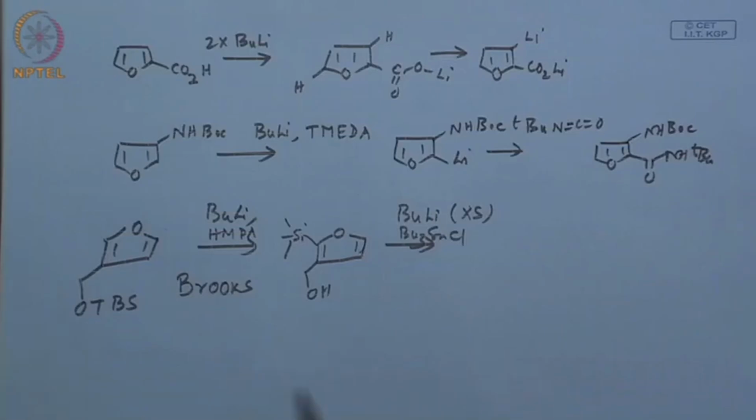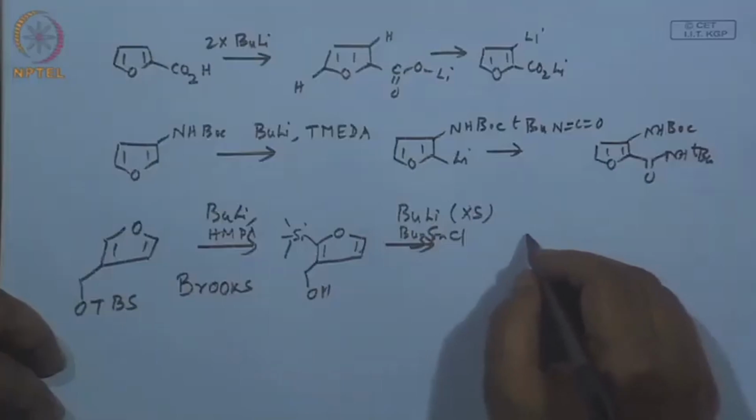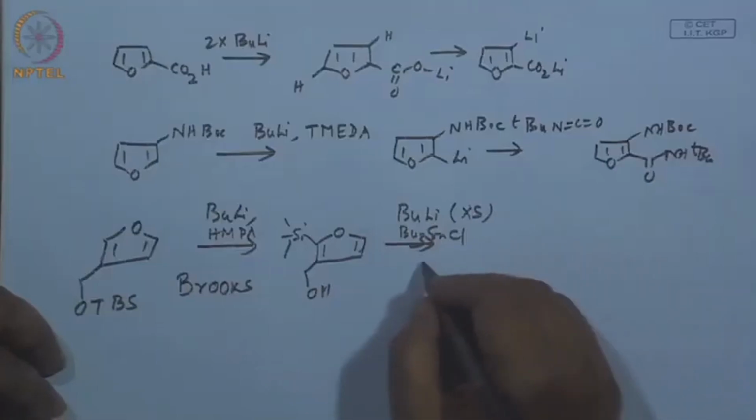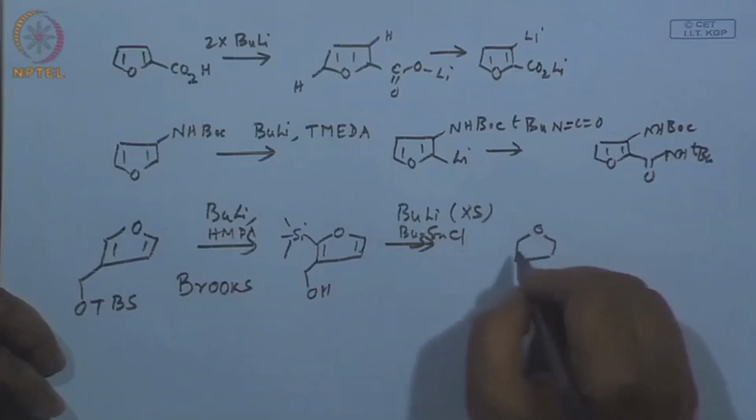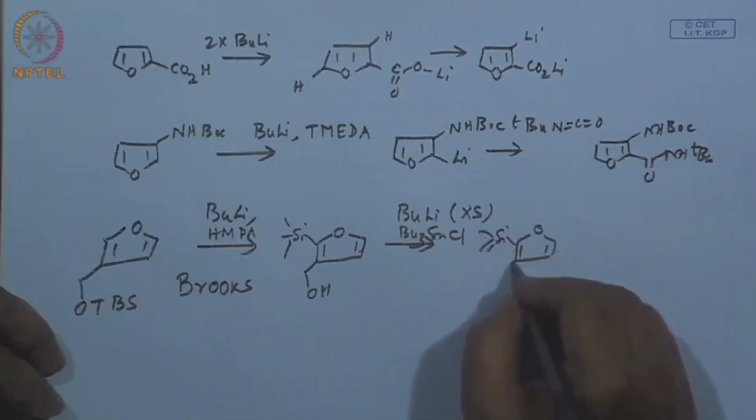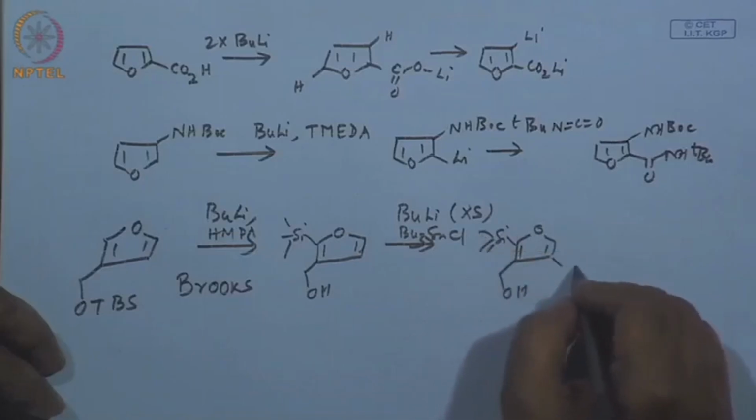That means you can direct the lithiations at your will depending on the situation. That means silicon can be removed very easily from this. The product what you will be getting is the silicon here, the CH2 here and tin here.